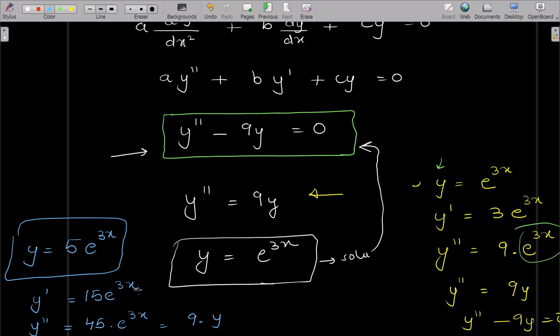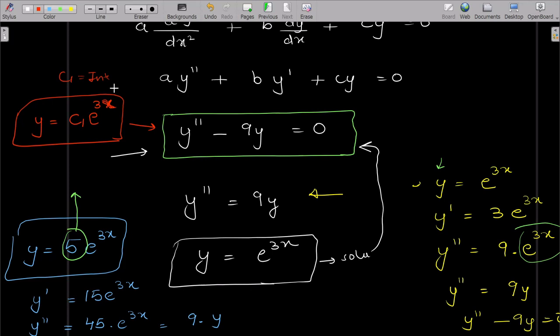So it does not matter which constant you take, this 5; you can take any constant: 5, -4, 100, 1000. So basically, any function of the form c1 times e to the power 3x, can I say all such functions will be solutions of this equation, where c1 can be any integer?